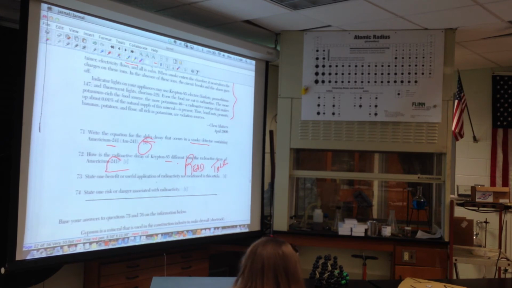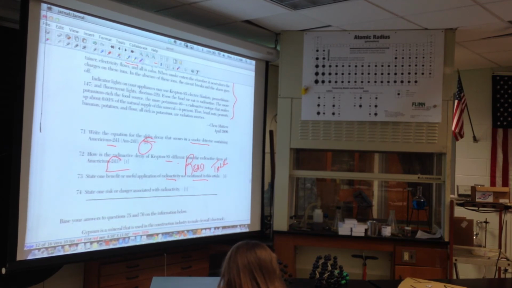State one benefit or useful application of radioactivity not mentioned in this article. Well, they give me electric blankets, fluorescent lights, even the food we eat is radioactive. So how about one benefit, cleaning utensils?